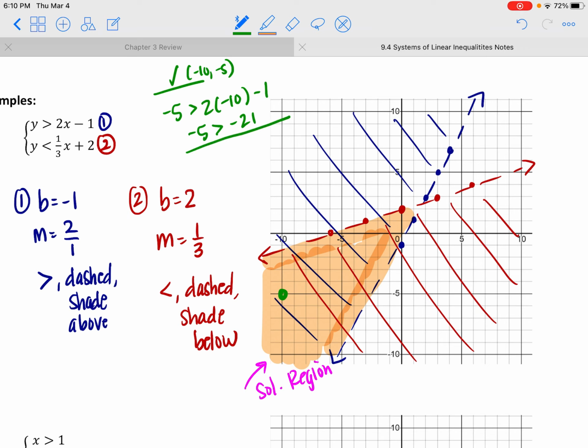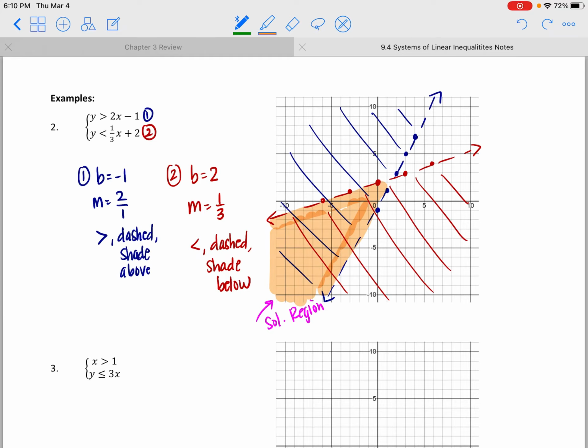So if I plug into the second one, I would have -5 less than 1/3 times -10 plus 2. And -5 is definitely going to be smaller than -3.3 repeating plus 2, so -1.3 repeating. Okay, maybe not the prettiest point to check, but if you plug a point from your solution region into both inequalities, you're going to end up with true statements. And that work just looked a little sloppy, so I'm going to let it go.